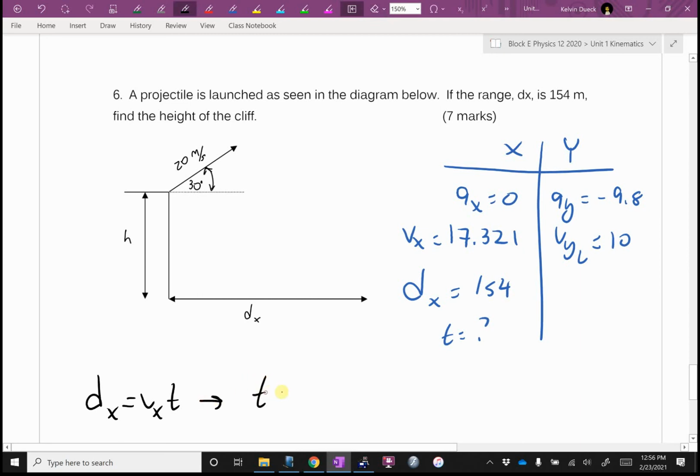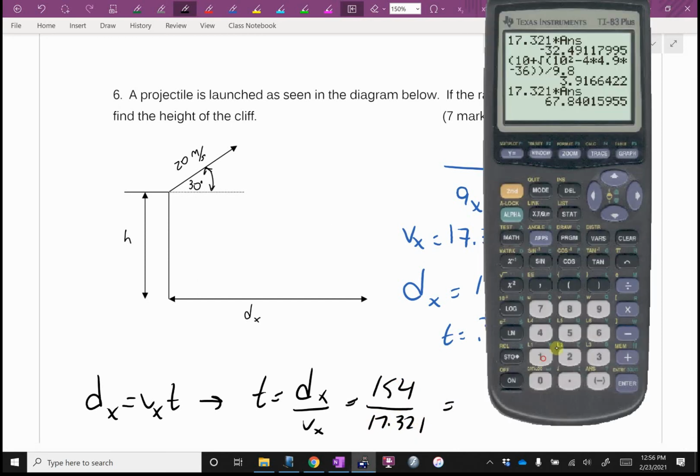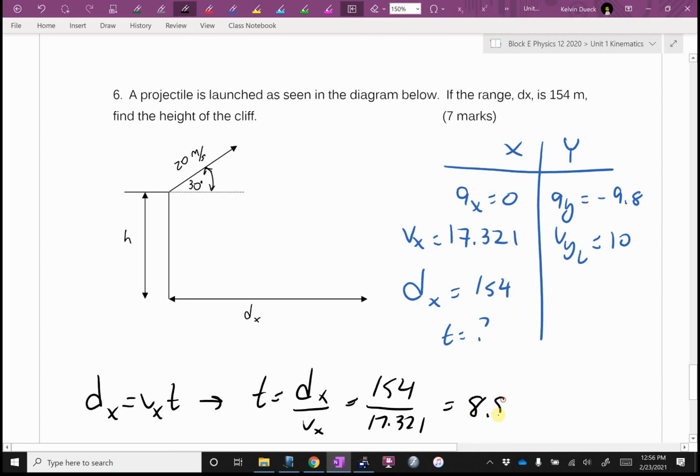Divide what? Like that? 154 divided by 17.321. No quadratic formula required. And I get 8.890. I'll write 8.89, but I'll store this on my calculator. Is that right? People nodding?